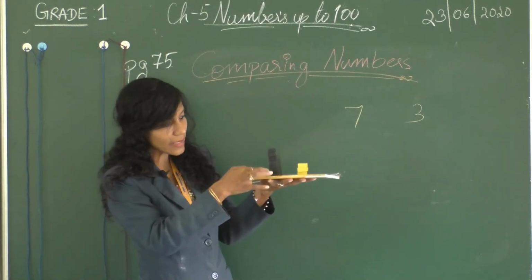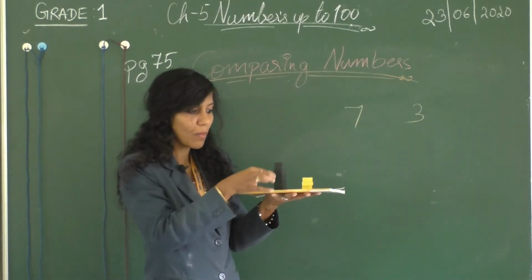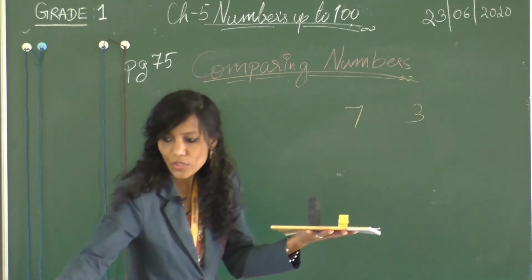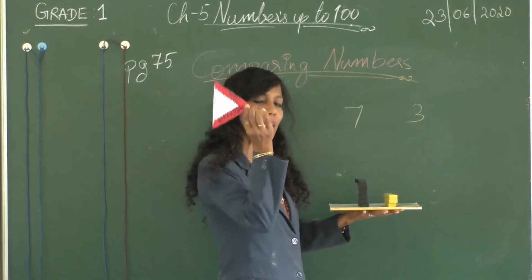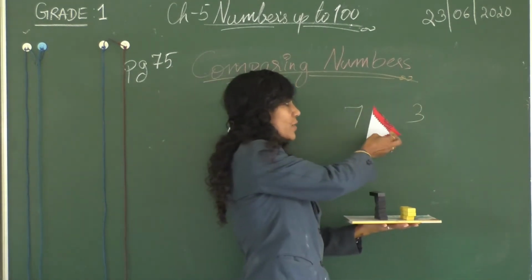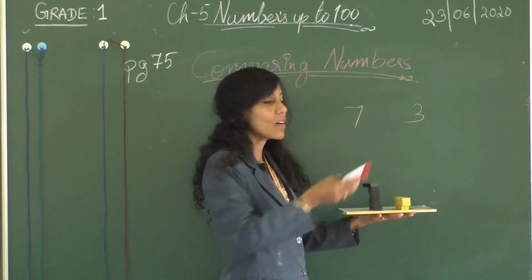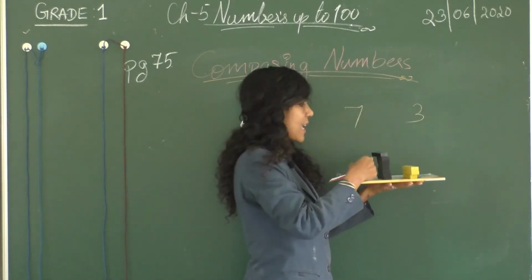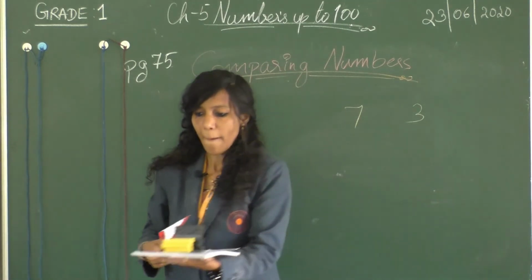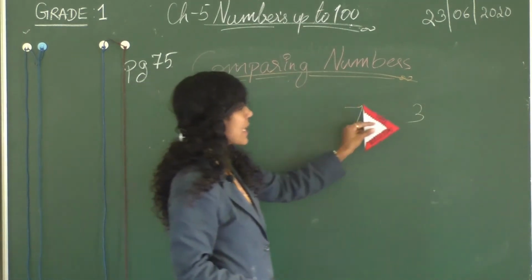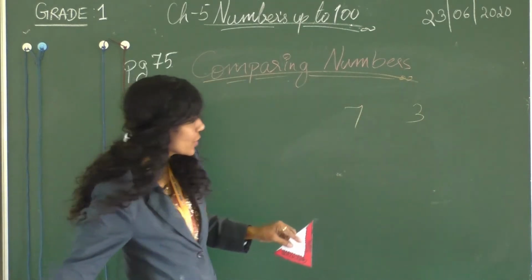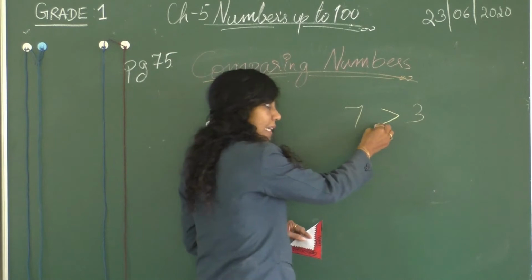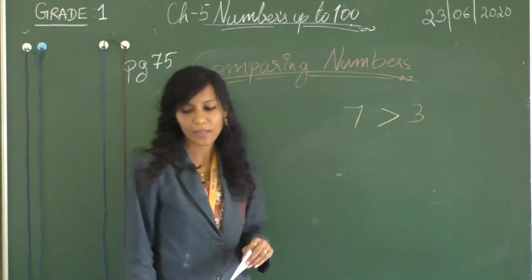Which has more height? Yes, 7 has more height than 3. 7 is greater. So what is the symbol which we put? We put the alligator's open mouth towards the first digit. 7 is more than 3. So we write 7 is greater than 3.